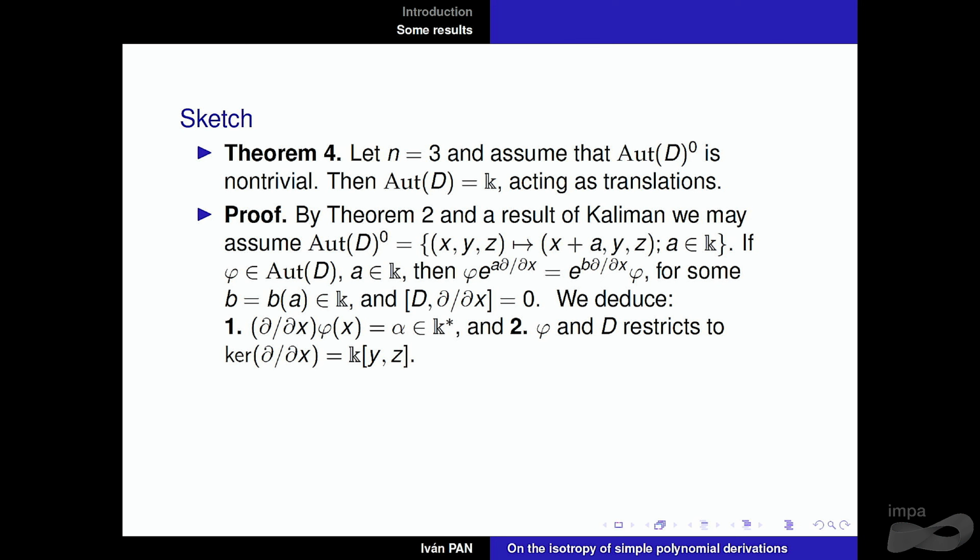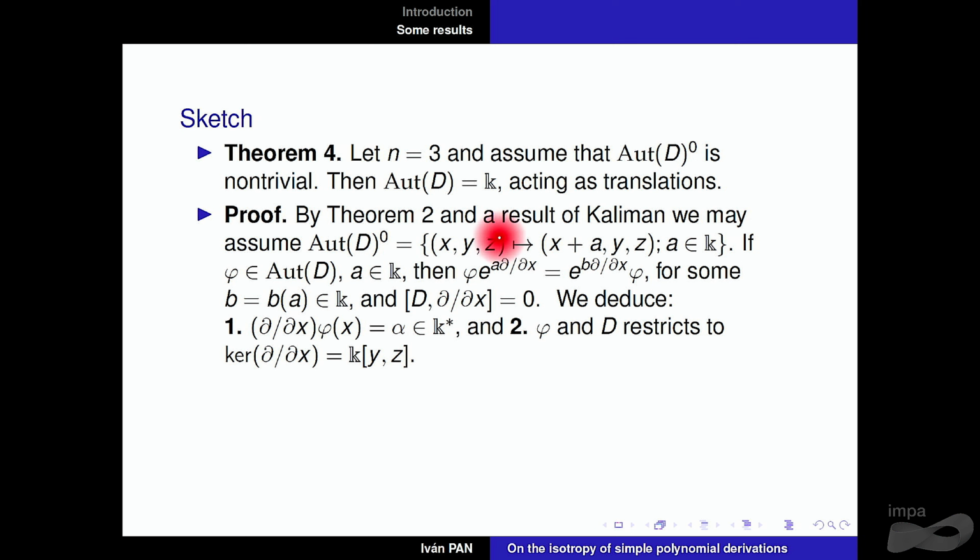note that phi is an element of the isotropy, and then commutes with D. It does not exactly commute, but verifies this relation, which is almost a commutation, but it's a normalization.